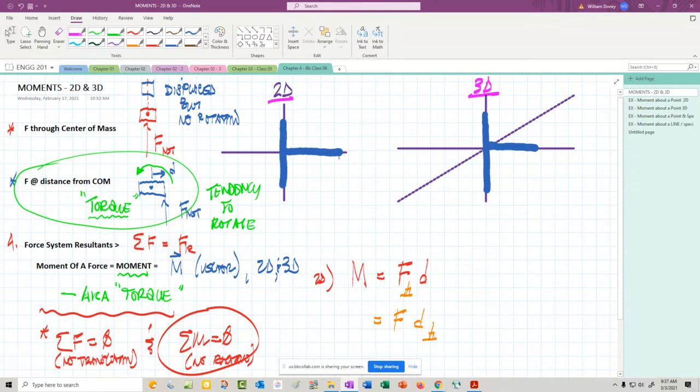And let me draw up here. I'm going to put a force right here. We're not going to worry about being net or resultant. That's one in a y direction. We have a distance from here to the force. There's the origin. We'll call it D, and D is in the x direction.